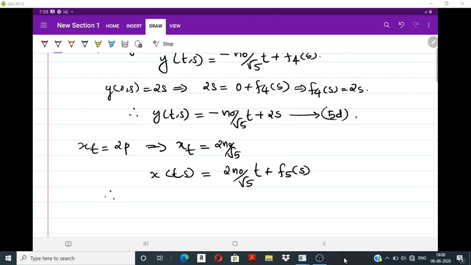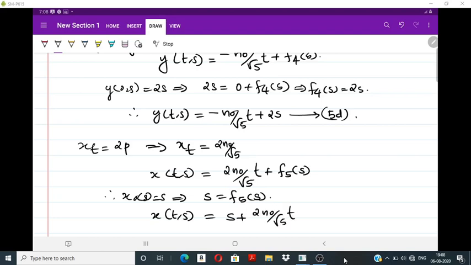The initial condition x of 0, s, or x naught of s, equal to s, implies s is equal to f5 of s. Therefore, x of t comma s becomes s plus 2 n naught by root 5 t, and this is equation number 5e.